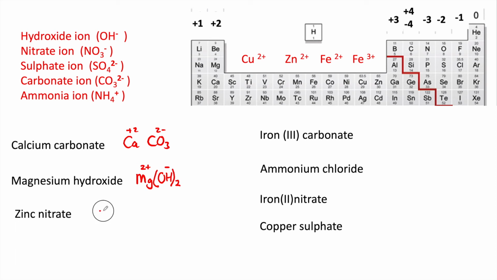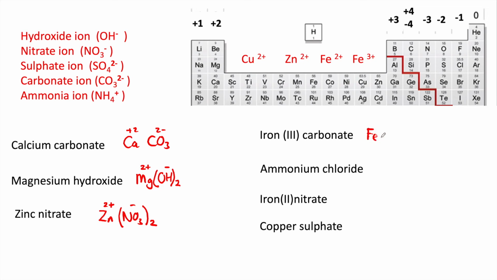So let's look at zinc nitrate. Zinc is always a +2, and nitrate is NO3, and it's just a minus ion. So again, we need 2 nitrates for the zinc, so we need to multiply that by 2, and we multiply the whole thing. So let's quickly look at iron 3 carbonate.